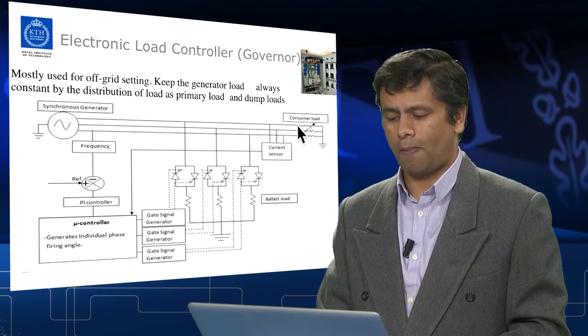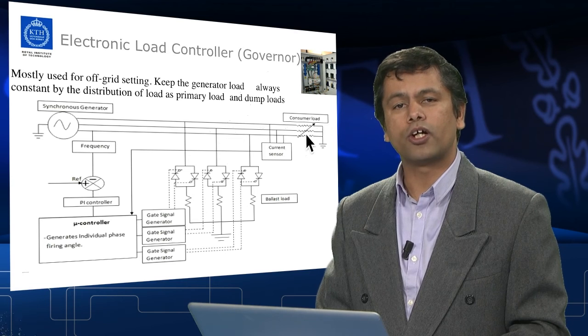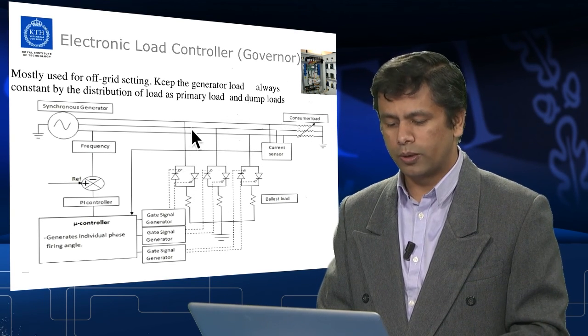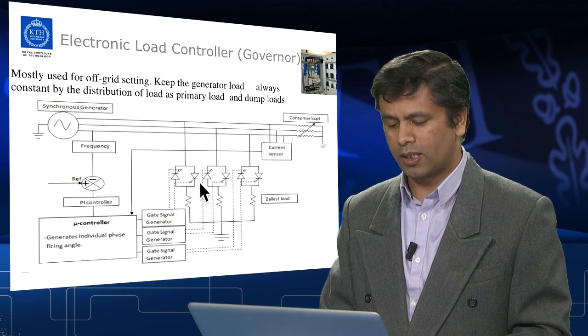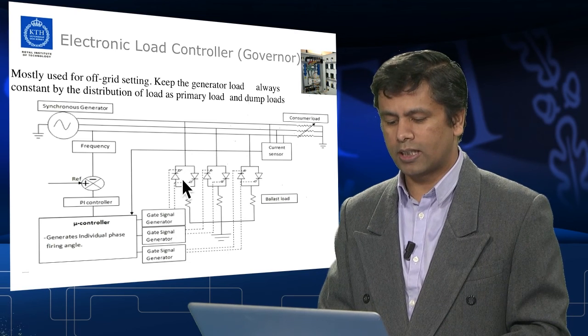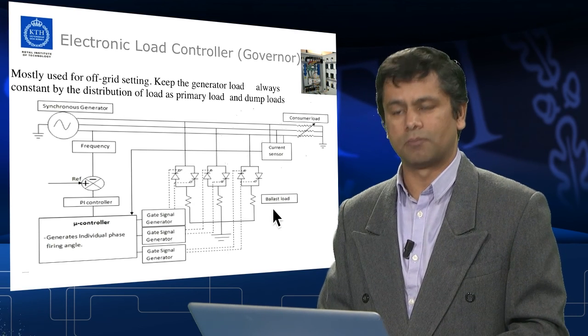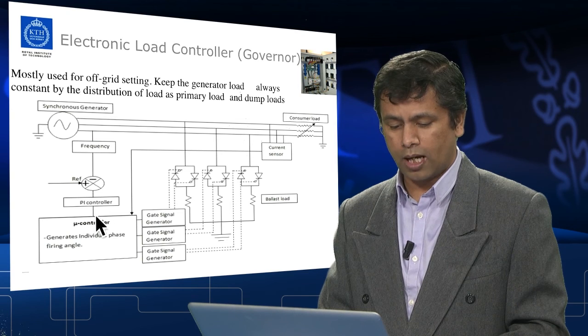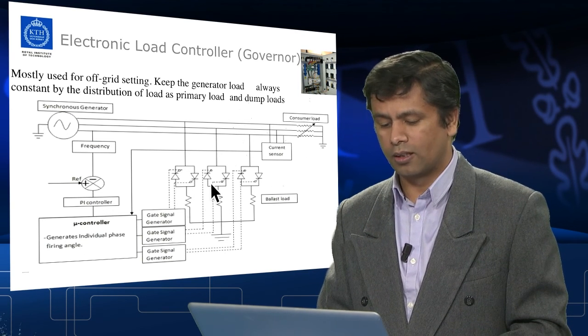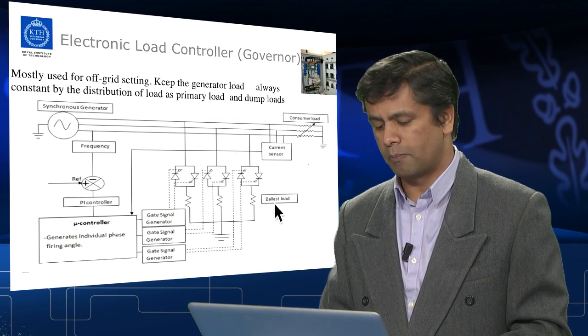So if the consumers are not using the design output power, then some of the load is diverted towards the ballast load by actuating this thyristor control system. You have this ELC controller, and that controller will actuate this thyristor-based ballast load.